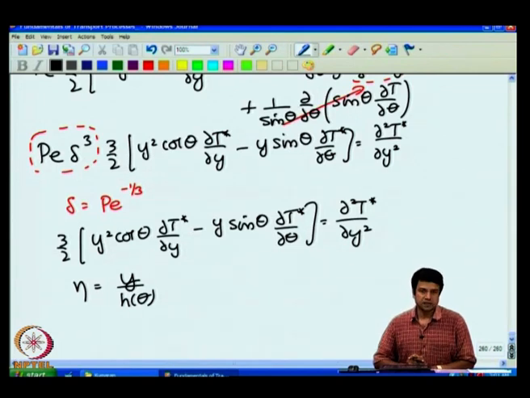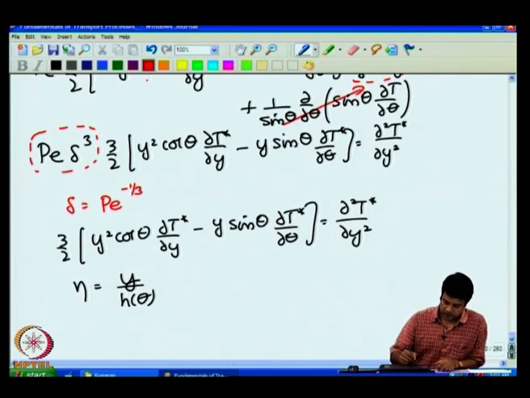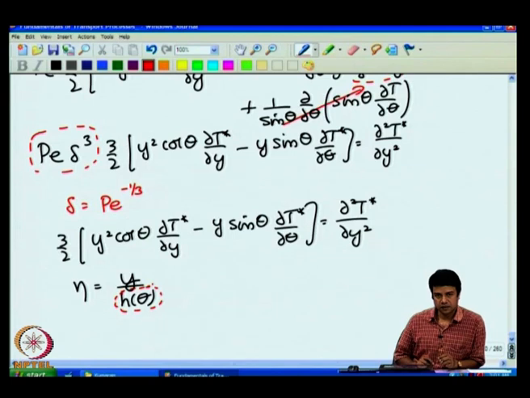I will put this form of the similarity variable into the differential equation, solve it, and then try to see whether I can get the functional form of this similarity variable in such a way that the resulting equation does not depend individually on theta and y, but depends upon the similarity variable eta alone.